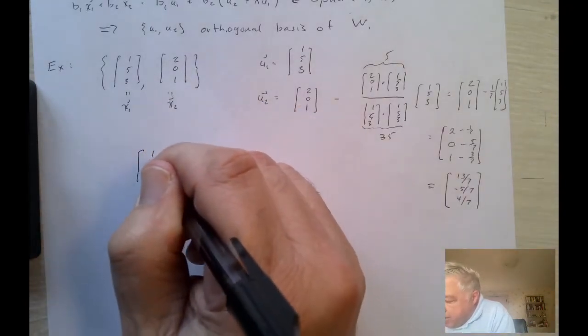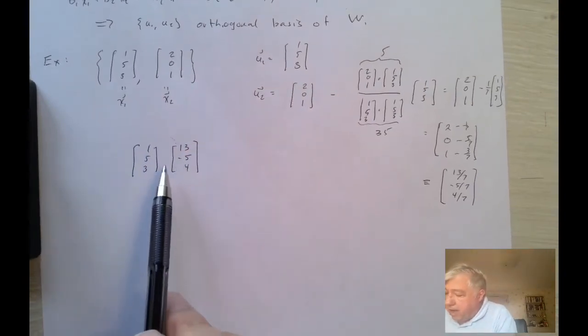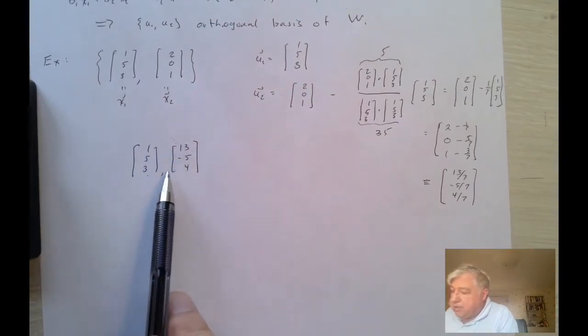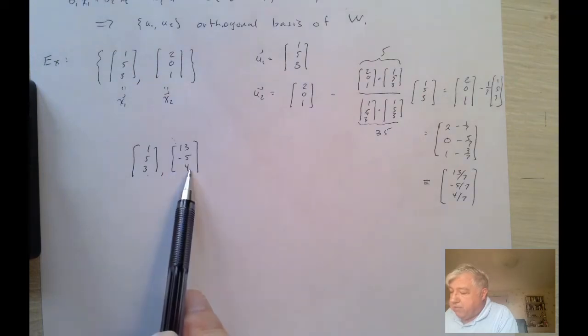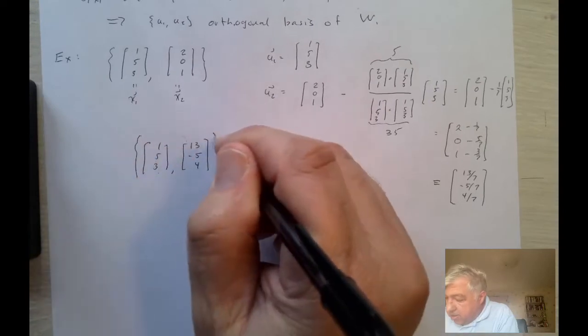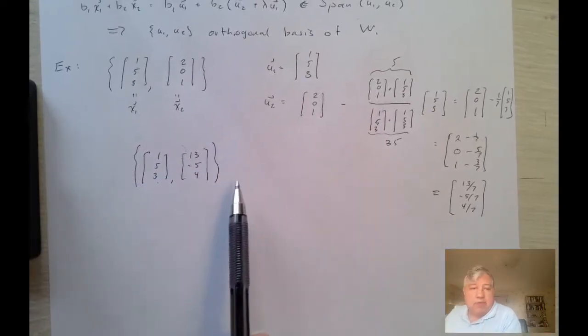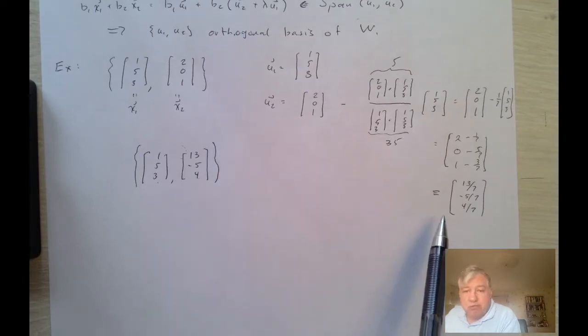And we can see, hopefully, that these are going to be orthogonal. 1 times 13 plus 12 minus 25 is 0. So these are orthogonal, and more importantly, they're going to have the same span because of how u2 is defined.